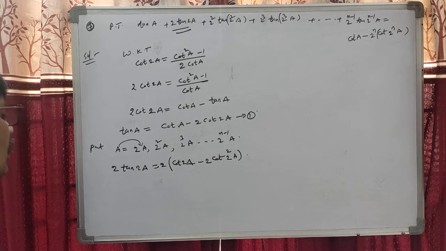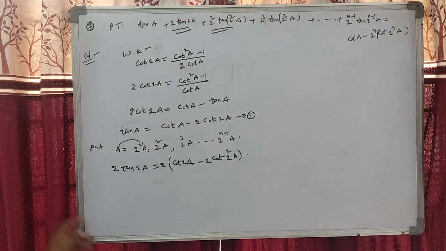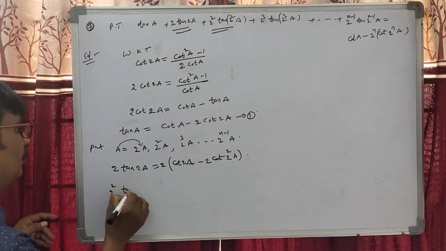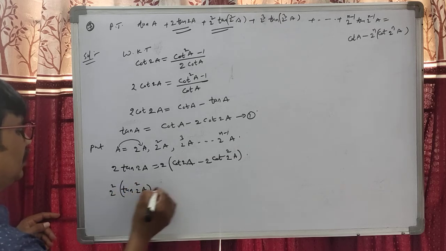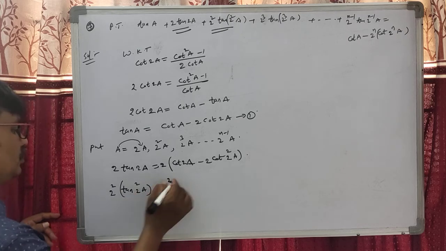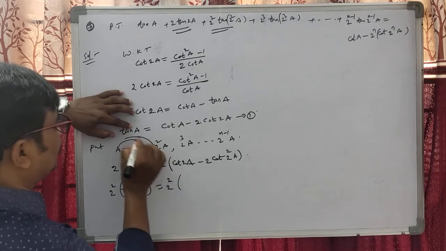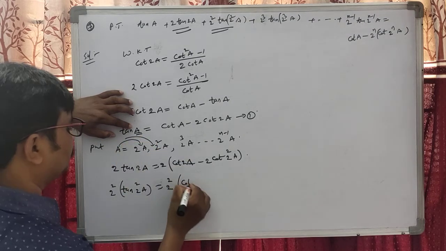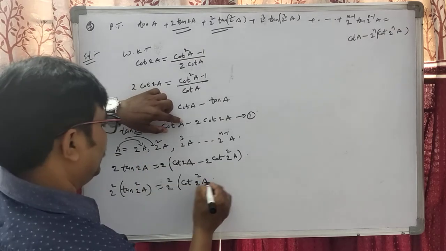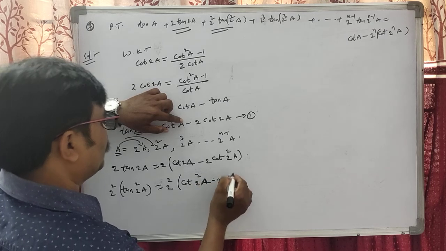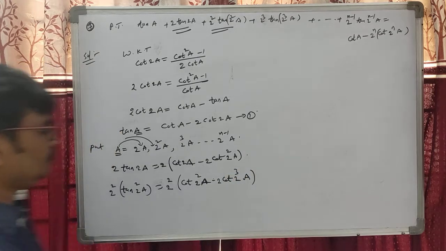Then, students, now we find the value of 2 square tan 2 square a. Here we replace a by 2 square a, that is cot of 2 square a minus 2 into cot of 2 square a, so 2 square into 2 is 2 cube a.